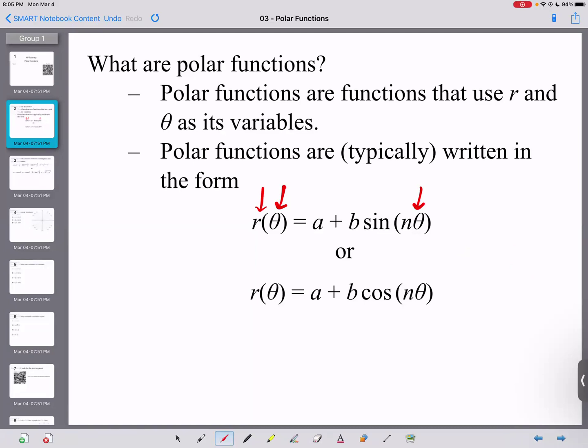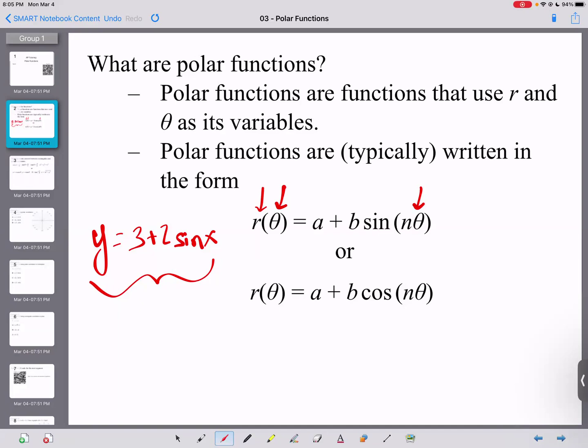So quick hit. Is this a polar function? What I've written there. Yes or no? Is that a polar function? No, good.